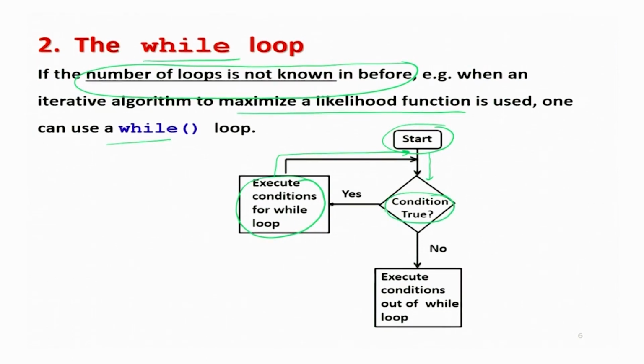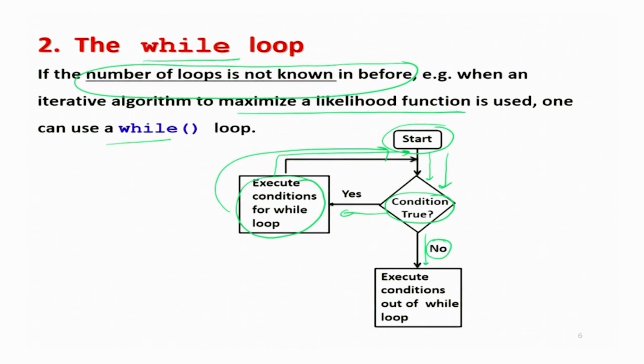If it comes out to be yes, then once again these statements are executed and we come back to the start point, and once again the condition is checked, whether it is true or false. Suppose after some time the condition becomes false, and the answer comes out to be no.